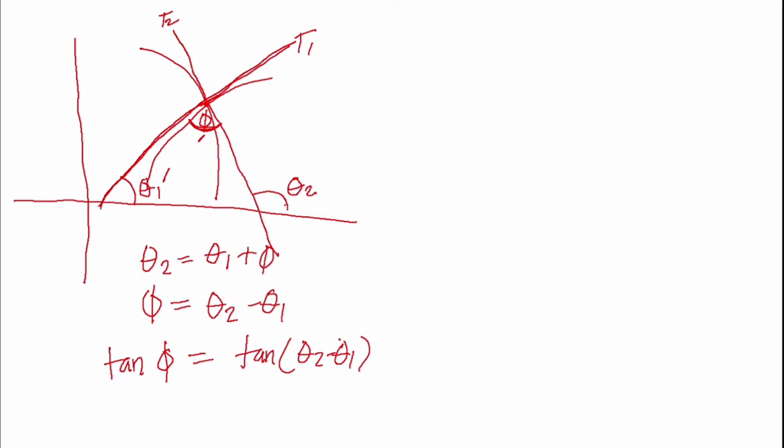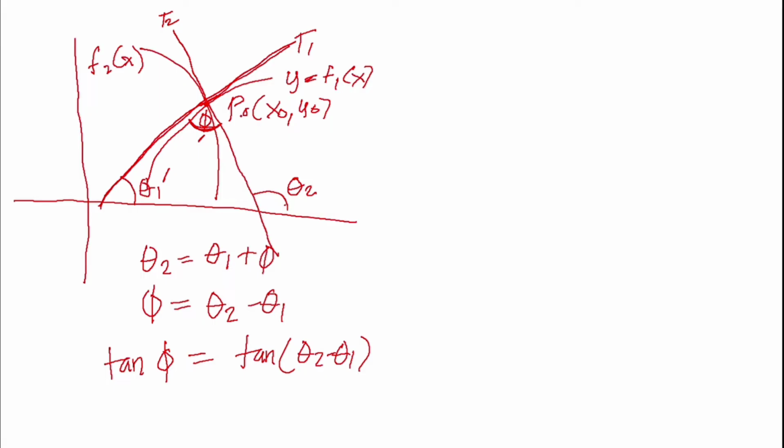Take note, this is at a point (x sub 0, y sub 0), and this part is y is equal to f, the first function, and this one is y equal to our second function.